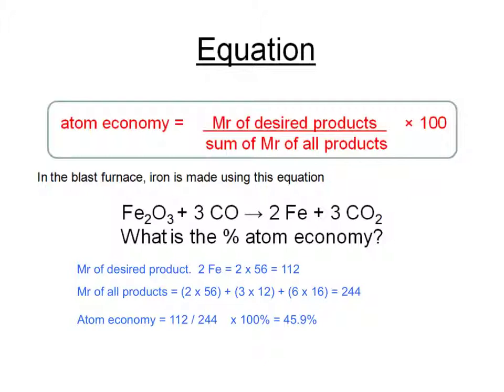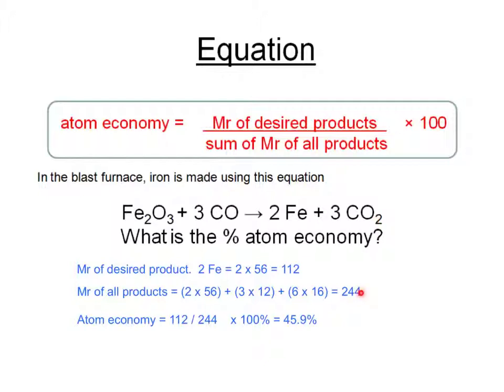Now, in this case, the desired product is Fe, and the mass of the two Fe atoms is 2 times the relative atomic mass of iron, which is from the periodic table 56, which is 2 56s, which is 112. So the numerator will be 112. Then we have to work out the mass of all the products, and that will be the 2 iron atoms, which is 2 56s, 112, plus 3 carbon atoms, that's 3 12s, 36, plus 3 times 2, which is 6 oxygen atoms, that's 6 16s, which are 96.